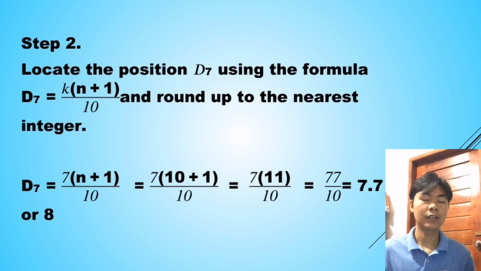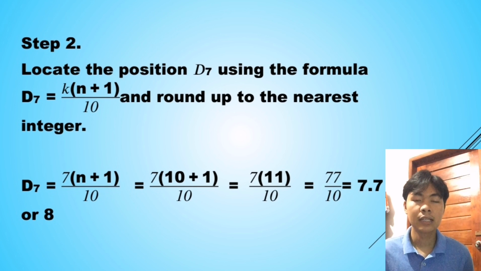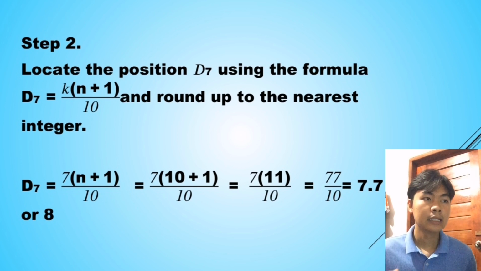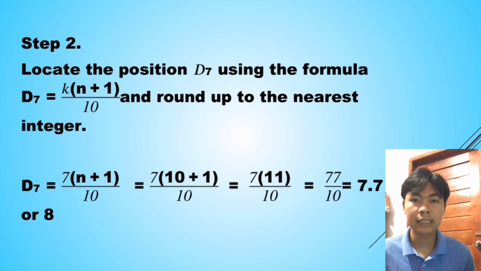Ngayon, proceed tayo sa solution natin. Decile 7 is equal to 7 multiplied by (n plus 1) divided by 10. As you can see, K replaced into 7, so 7 multiplied by, yung n natin ay naging 10, so (10 plus 1) over 10.